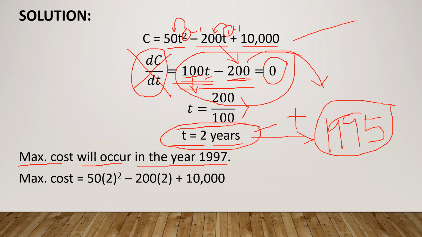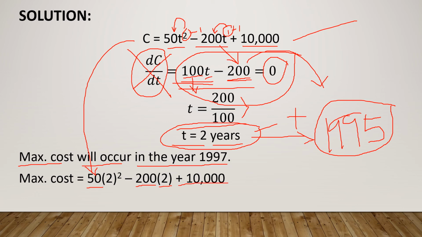So for the maximum cost, that will be 50 times t squared minus 200 multiplied by t plus 10,000, where we substitute 2 as the value of t.